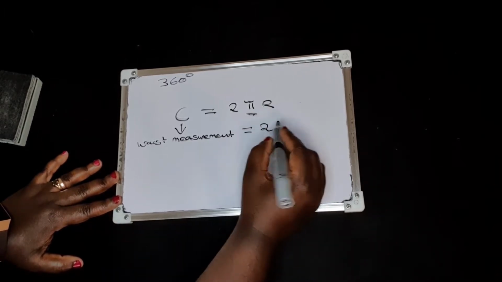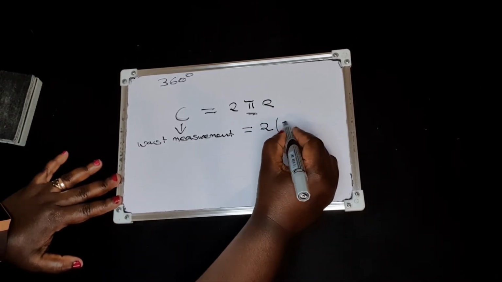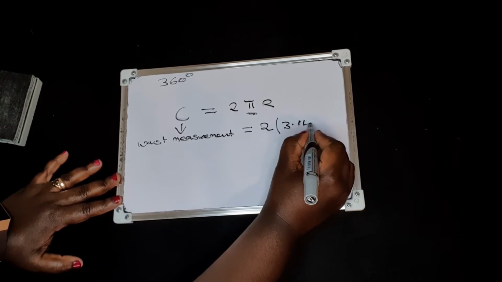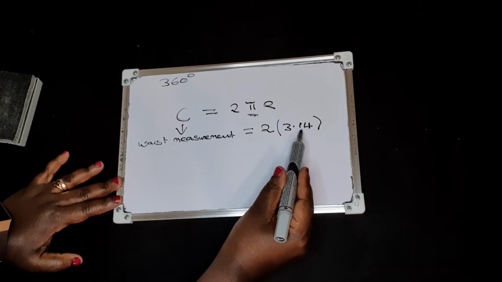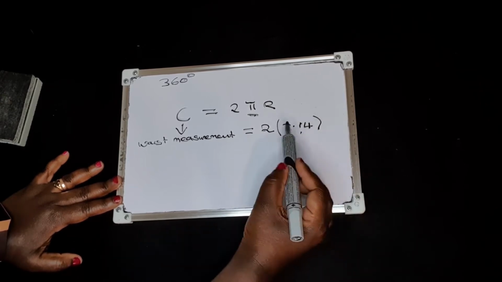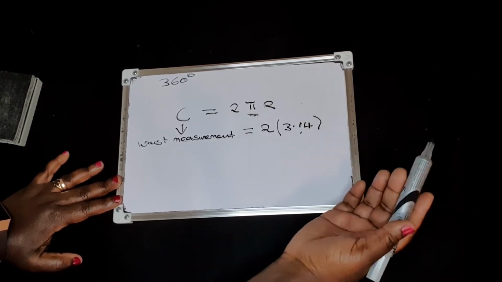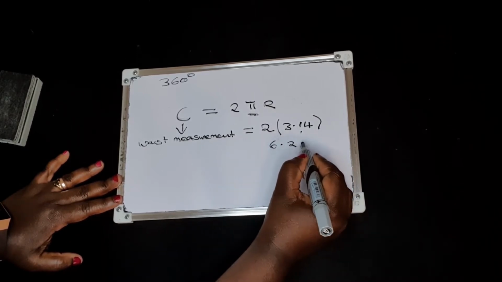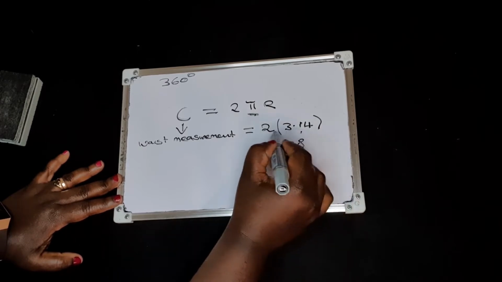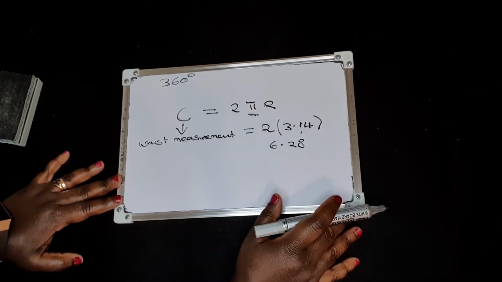We know that the value of pi is 3.14, so you just multiply this by 2, or 3.14 plus 3.14, which gives you 6.28.